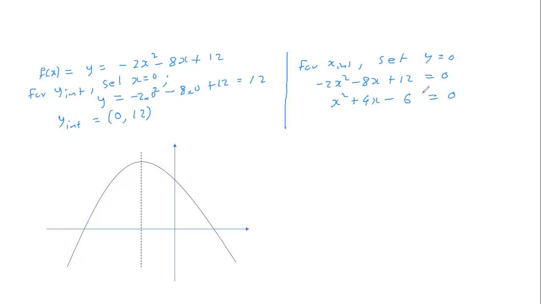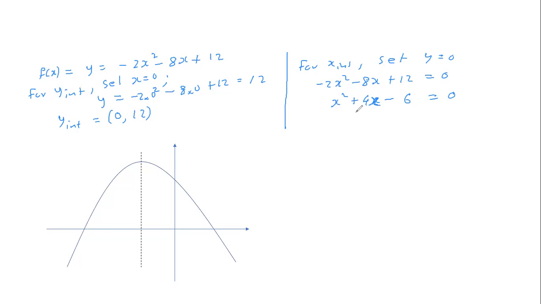Okay. Now, to solve this, we learned a few methods. Either we can factor this or use the quadratic formula or the completing the square method. But factoring is the easiest if it is factorable. But in this case, can we find factors of negative 6 that give us positive 4?